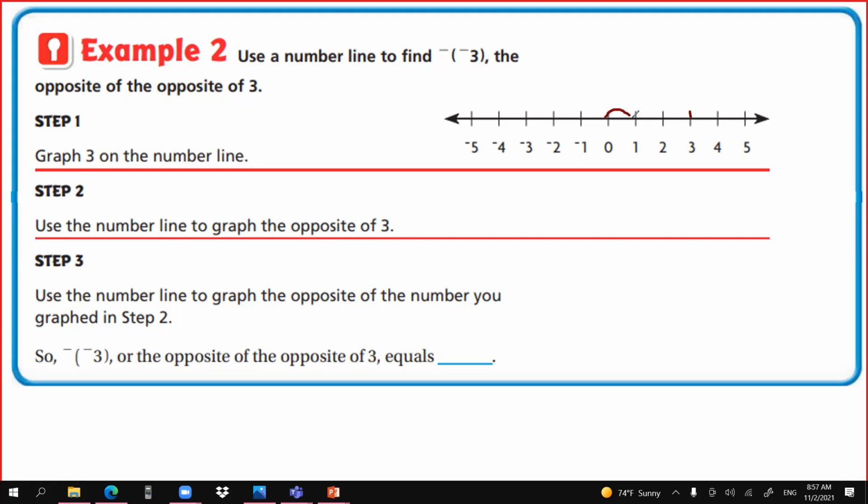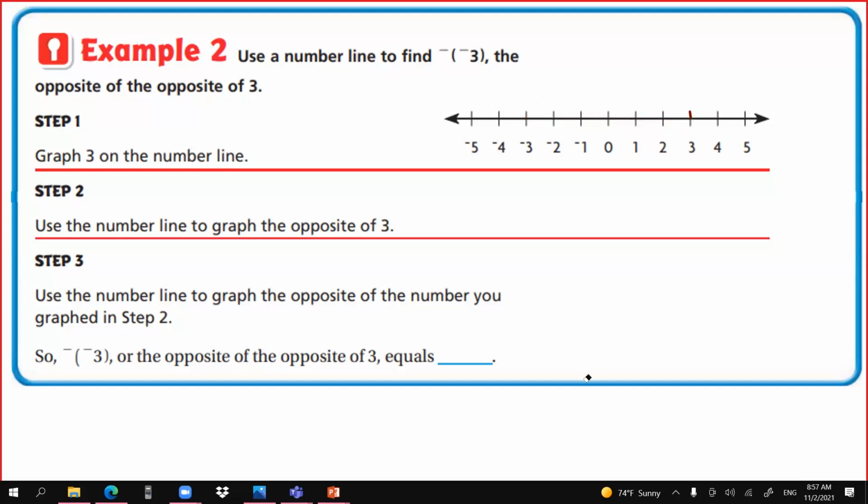So here, 1, 2, 3. Use the number line to graph the opposite of 3. What is the opposite of 3? It's going to be -3, so I go 3 digits to the left. Then go to -3 and write the opposite of it.